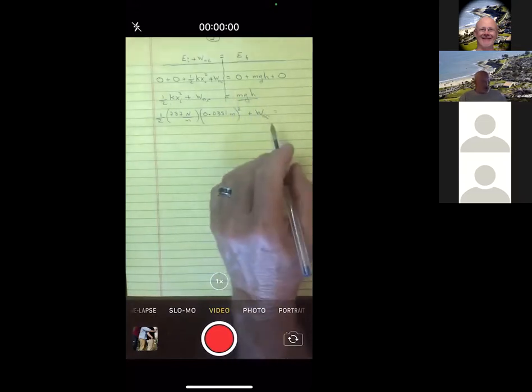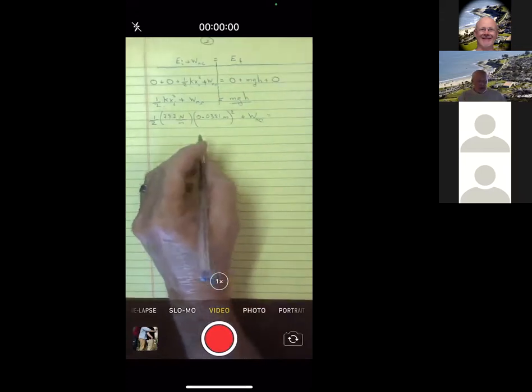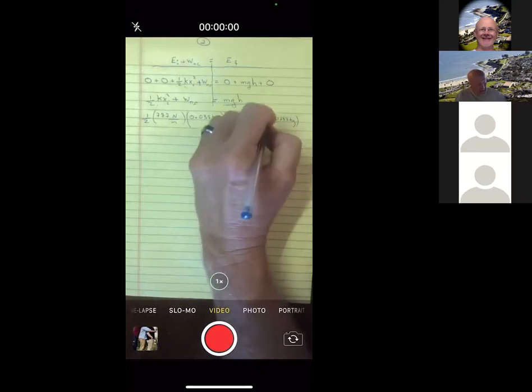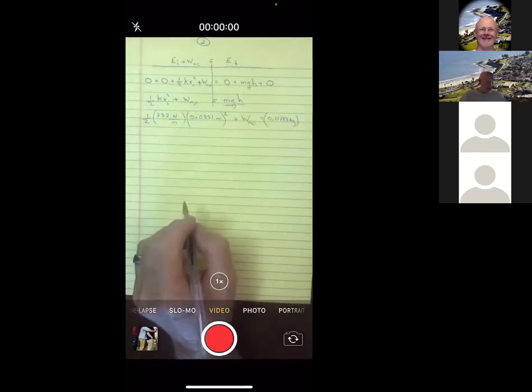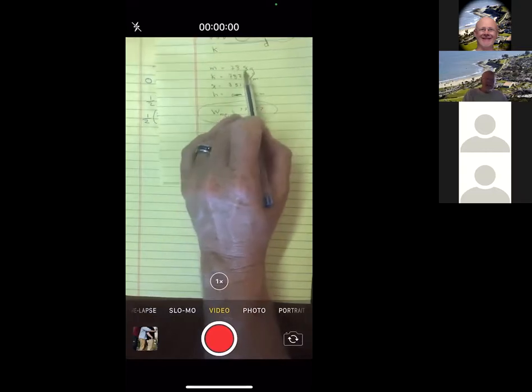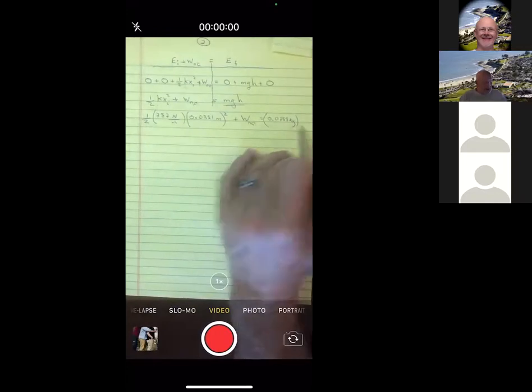A joule is a Newton times a meter, and inside a Newton is a kilogram. So that's my clue to say, careful with the units. You want to put your mass in units of kilograms so that the energy will come out in joules.